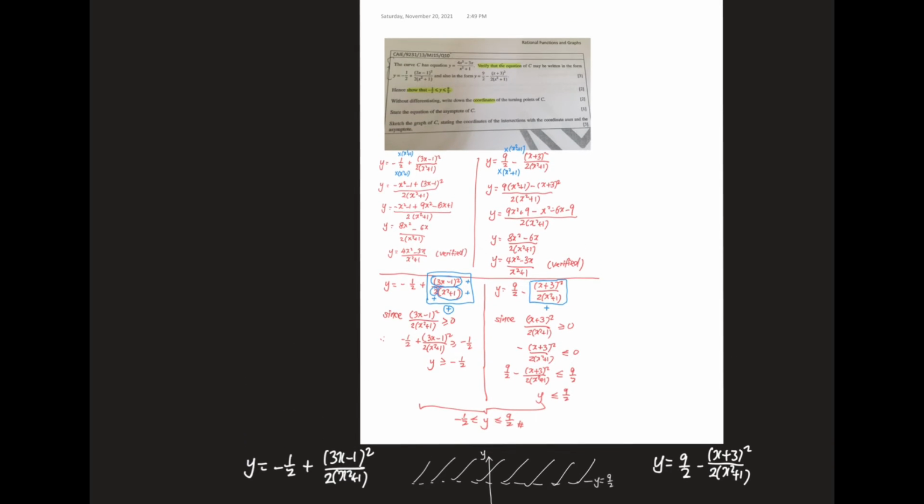The other side I use y equal to minus half plus (3x minus 1) square over (2x square plus 1). So it is convenient if I use this instead of the original given equation. If I use the original to solve, I think more work to do. Okay, so let's see how we do it.